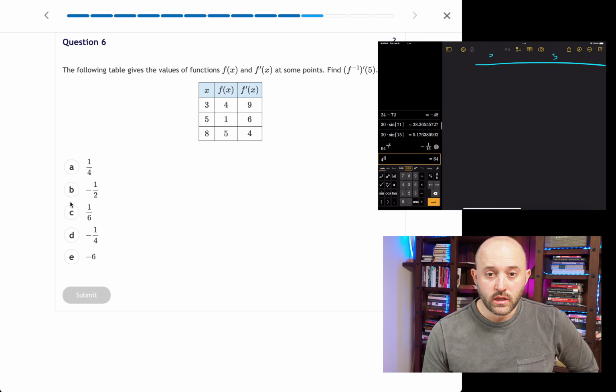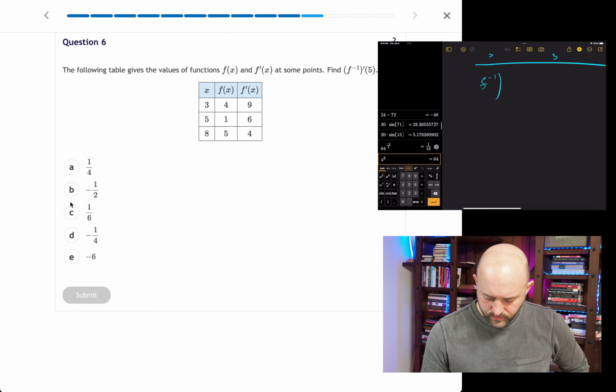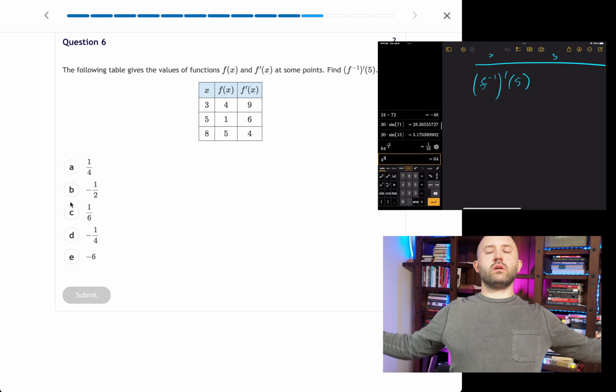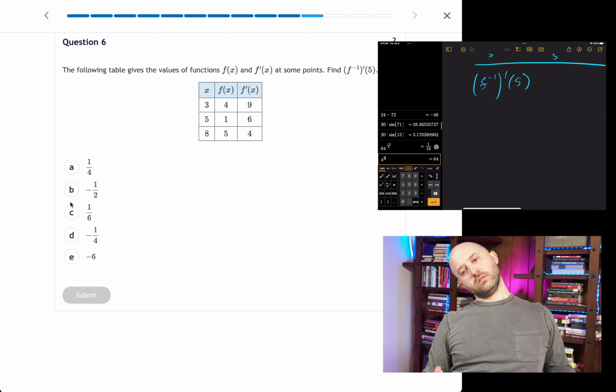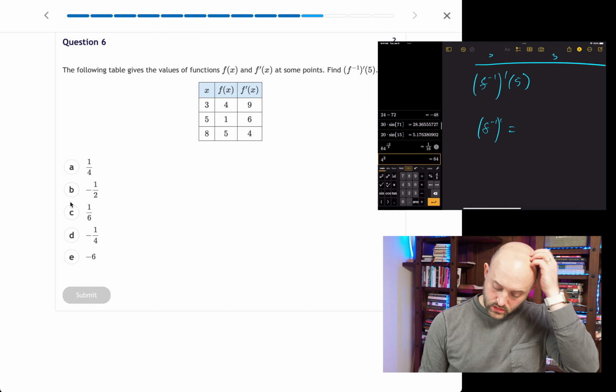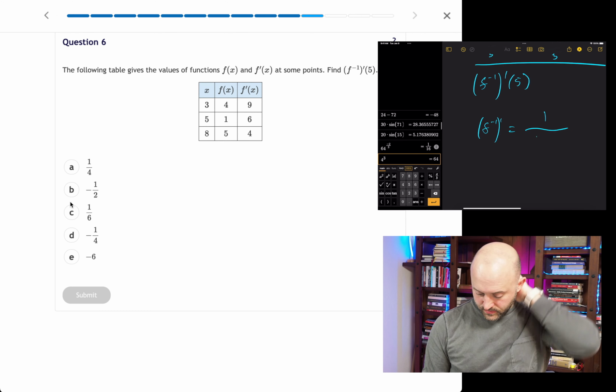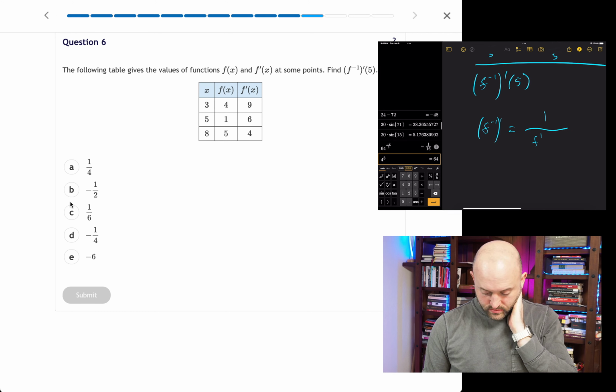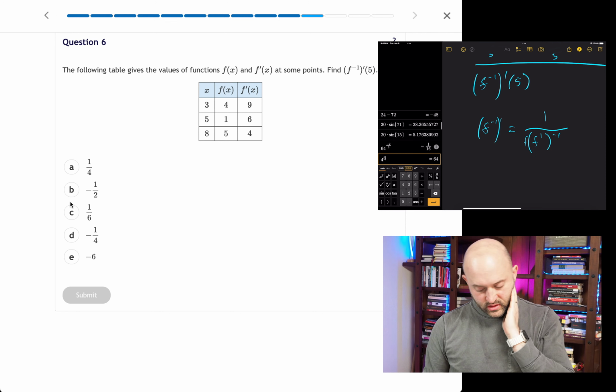Okay, f of x, f prime of x at some points. What is the f minus 1 prime of 5? Okay. So f minus 1 prime is 1 over f prime of f inverse of this.